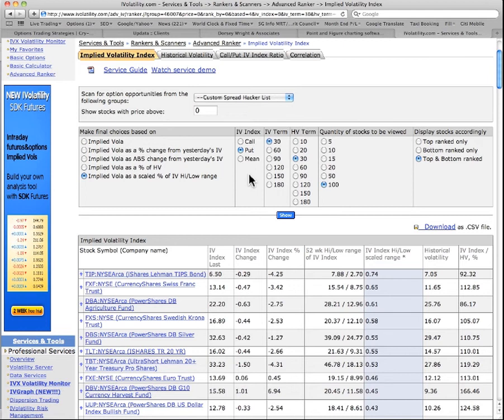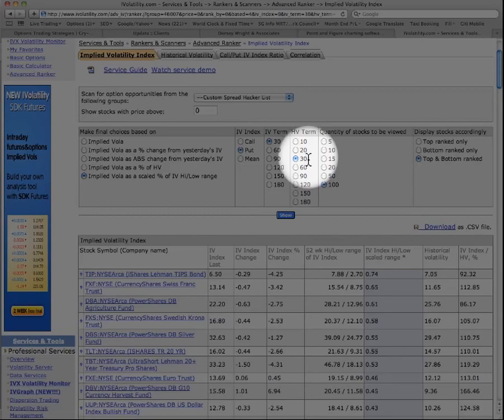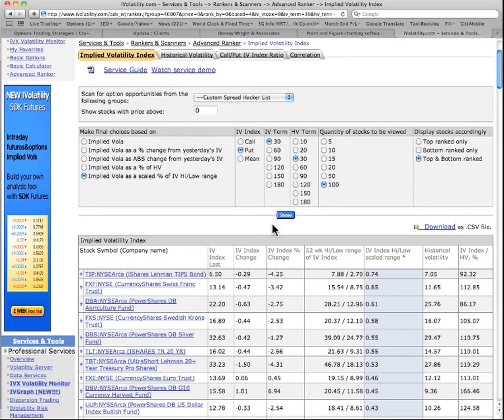Calls and puts are not theoretically priced at parity. They are not identical in value and equal to each other due to their inherent skewness. And the measure and scaling can be done across the various expiration periods: 30, 60, 90, up to 180 days.